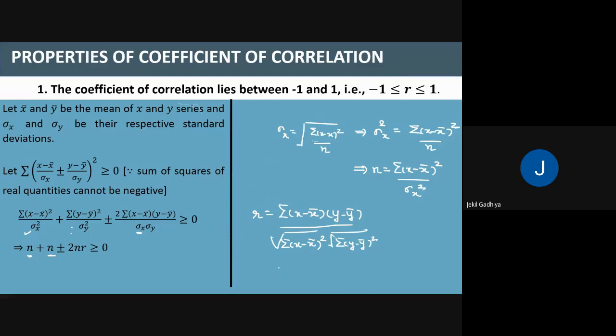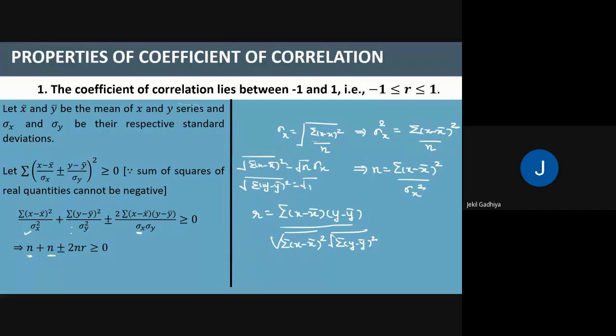Now in the place we replace sigma x, so what you will get, you can write here sigma x equal to, sorry, if you make the subject square root of sigma (x minus x bar) square, then it will be the square root of n sigma x. And similarly for sigma (y minus y bar) whole square, that will be square root of n into sigma y.